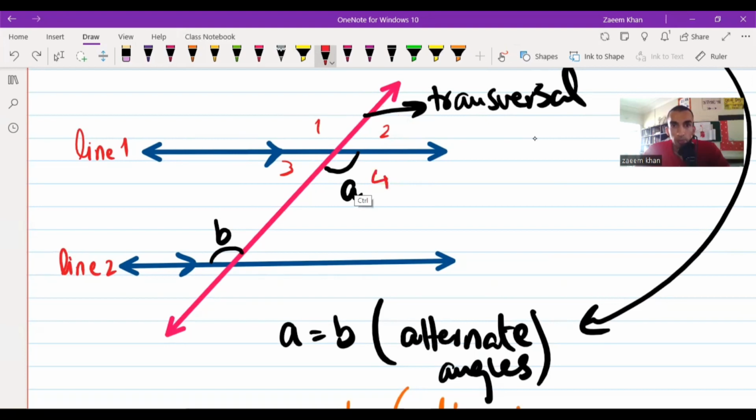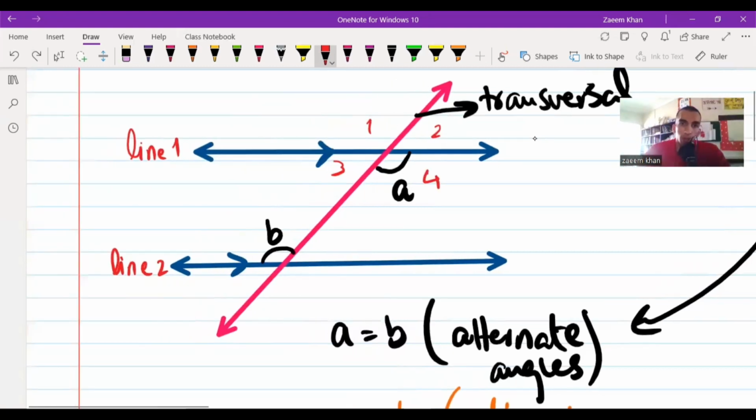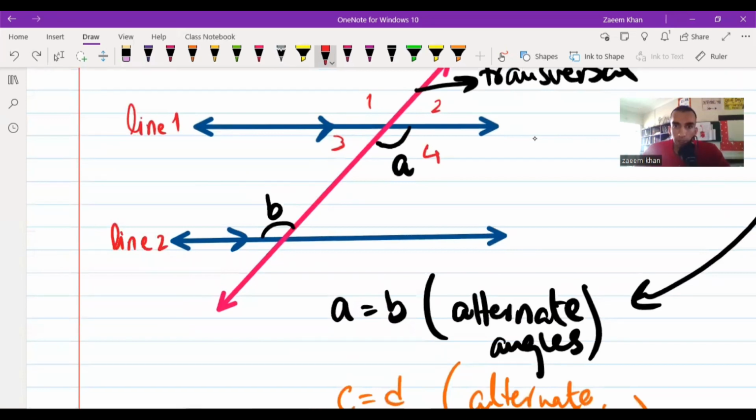Right, directly opposite to number 4 we've got the number 1. If I were to completely change its position, angle A would be at 1 instead of 4.